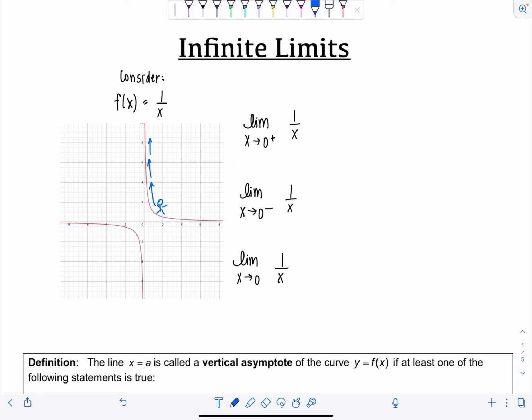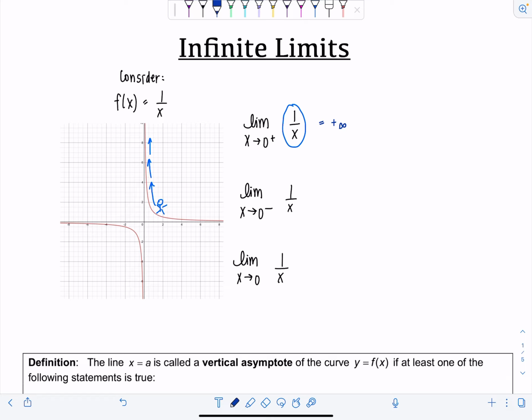What y value are you approaching as you move towards x equals 0 from the right? So what is 1 over x, or what are the y values approaching? Well, we notice that they're getting larger and larger. In fact, they're approaching positive infinity. So we write that this limit is equal to positive infinity.